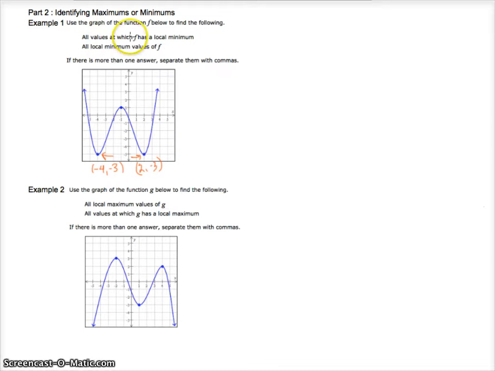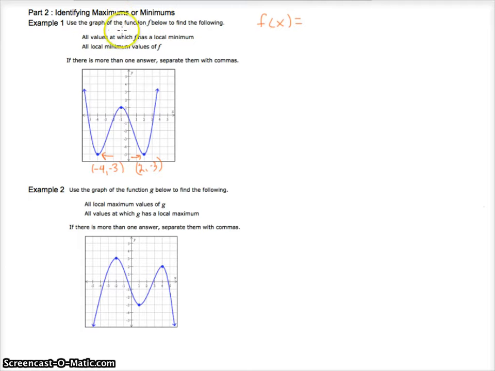So when we look back at all values of f which has a local maximum, or local minimum, excuse me, all values of which f. So when we think about a function, we need to think about it as f of x or g of x or h of x equals our rule. In this case, it's going to be something x cubed.